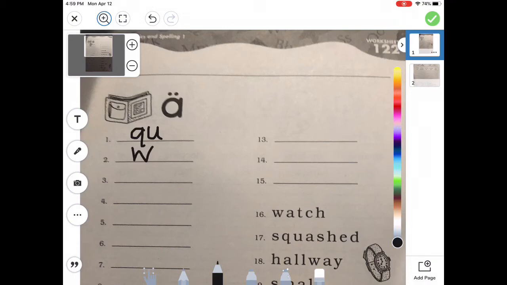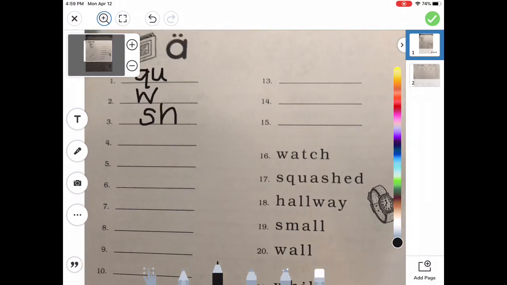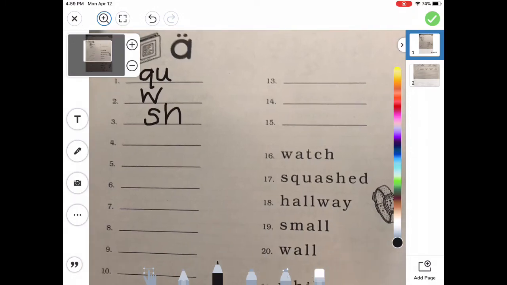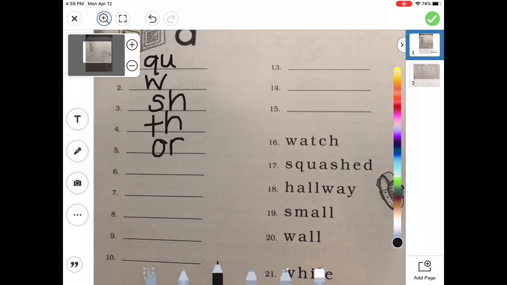How about sh? SH, good job. And then like thimble. TH, perfect. What about the or sound? Or. OR, very good. What about R if I just hear R? I spell it with AR.